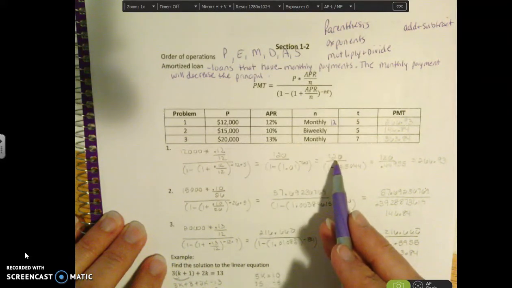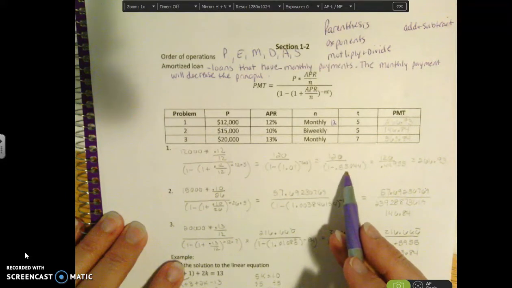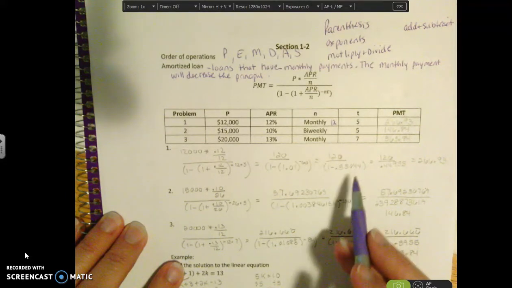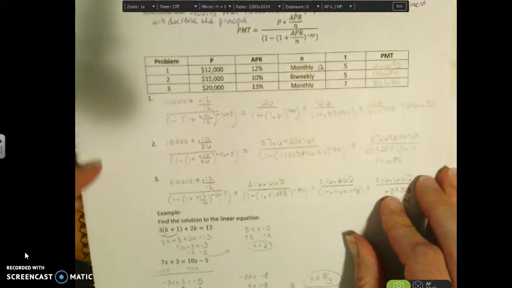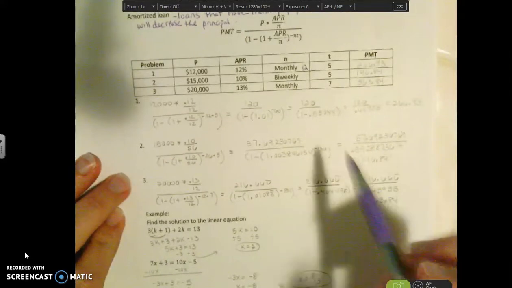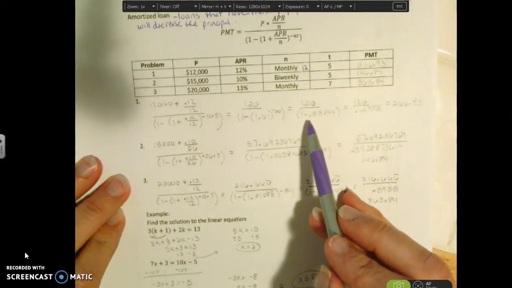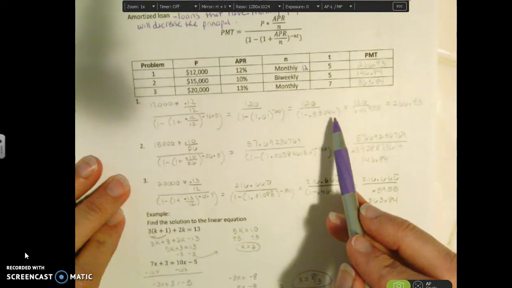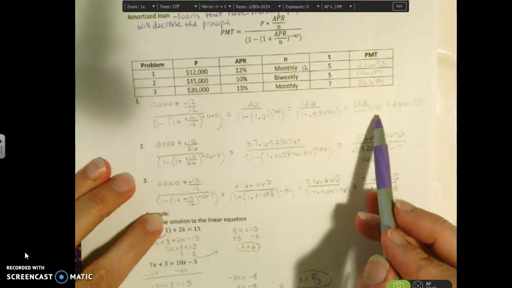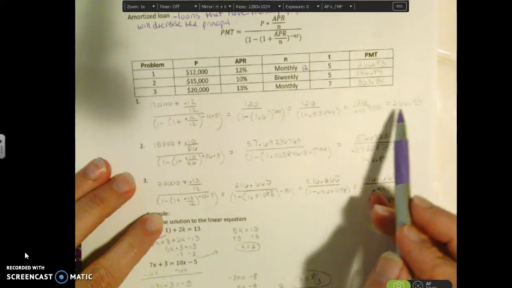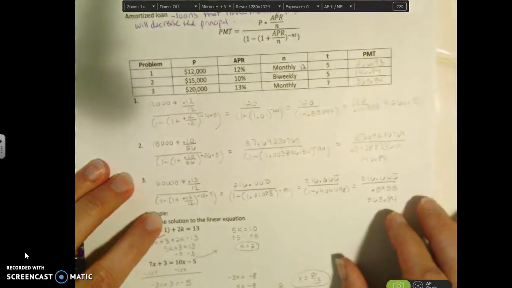And so I got 120 on top, and then 1 minus 0.55044. It was quite a long decimal, but that's part of it. So again, I'm going to do the denominator first. 1 minus 0.55044 comes out to be 0.44955, and then I take the 120 and divide it by that, and I get 266.93. So that's my monthly payment.